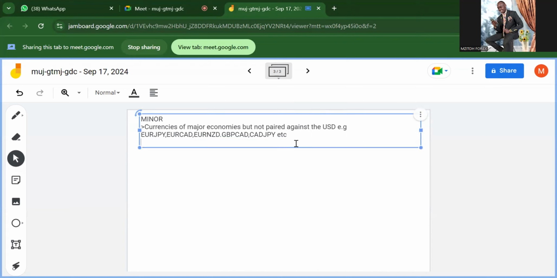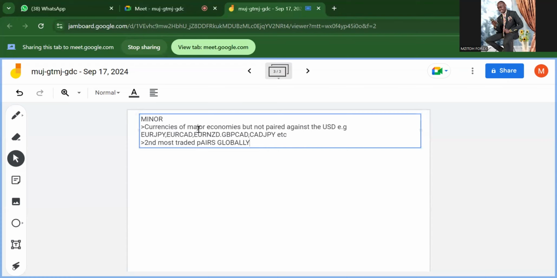So minor currencies are the second most traded pairs globally, after the major.